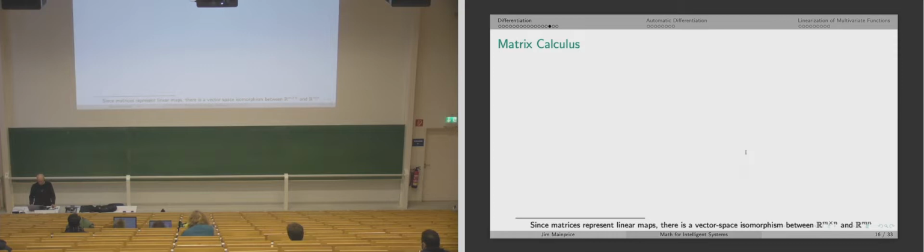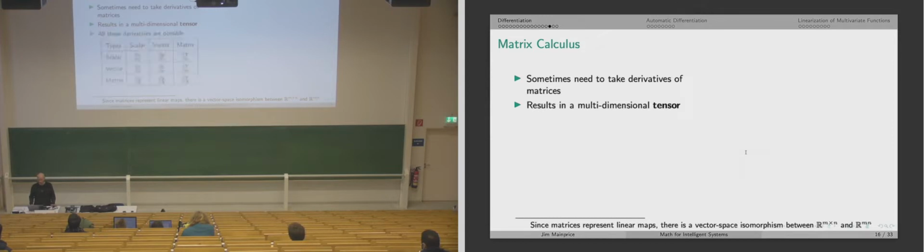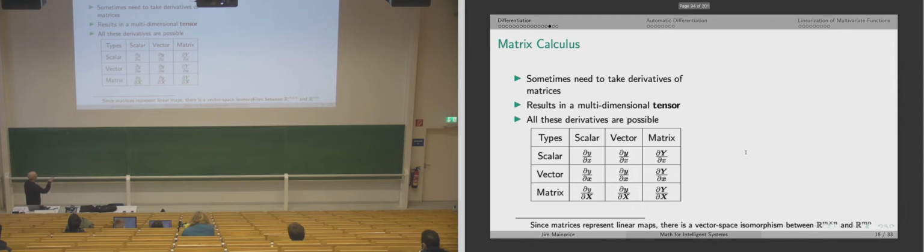So the matrix versions of the first order derivatives are also interesting, but they result in multidimensional tensors, and they are difficult to deal with. So if you have a scalar function, that's what you all know from high school, that would be just the tangent coefficient here.